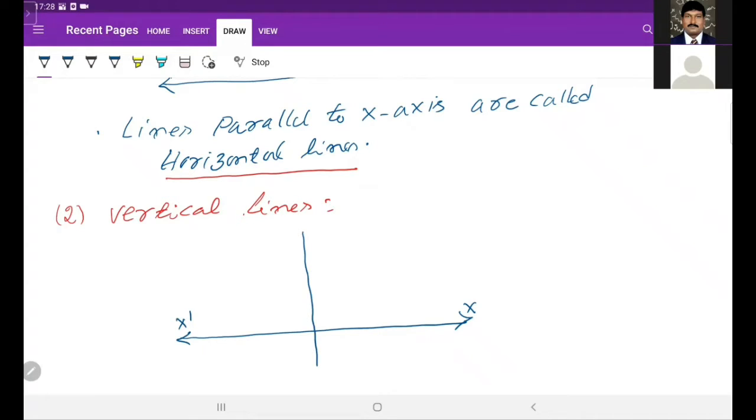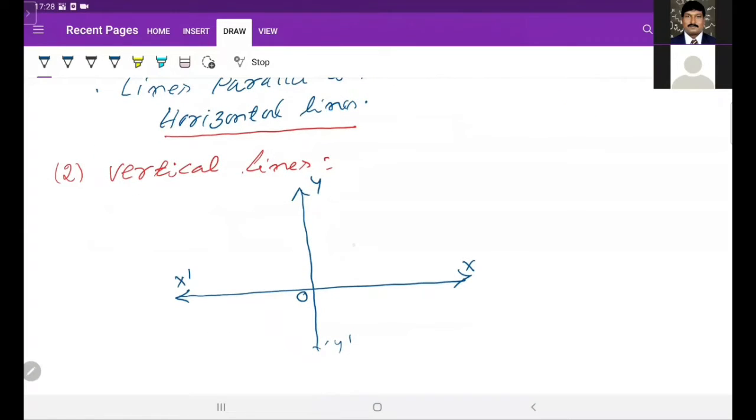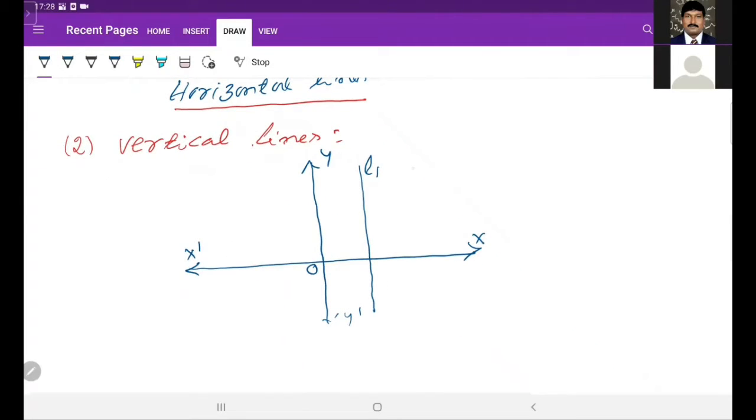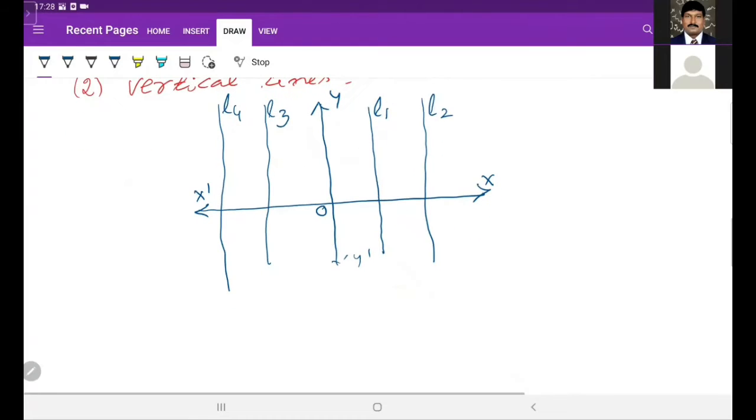So it is y, negative side of y dash. It is origin. Okay. Next, it is L1, so it is L2. Observe it is L2. It is L3. It is L4. Okay? Understand?